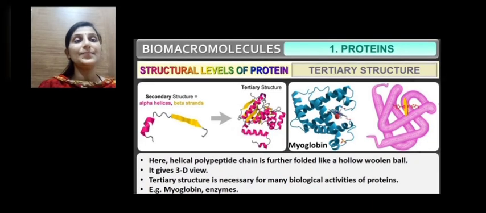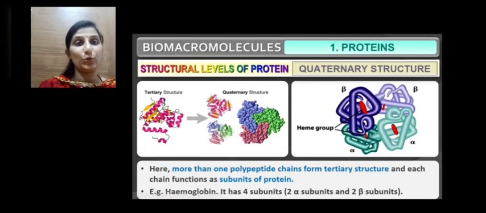And last is the quaternary structure of proteins. Here, more than one polypeptide chain forms a tertiary structure, and each chain acts as a subunit of the protein.